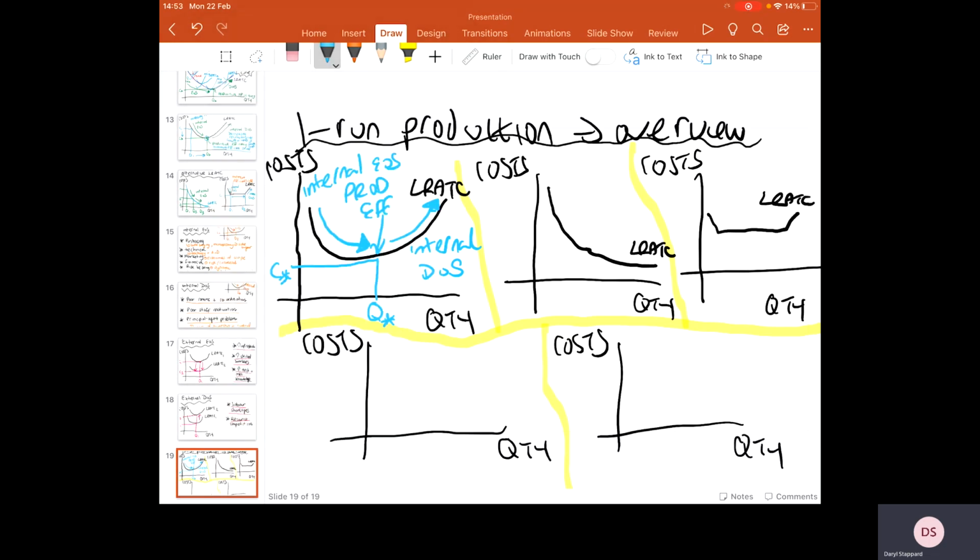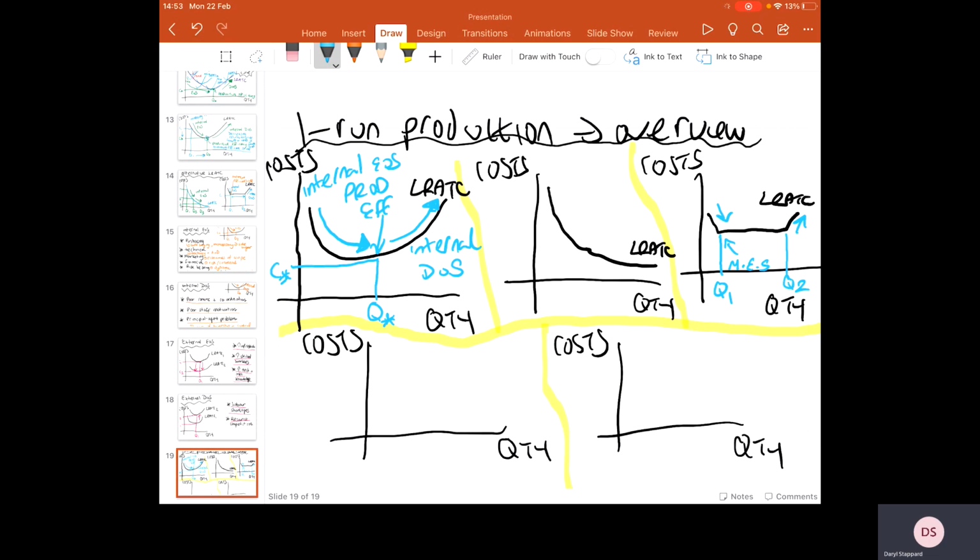Now again here, we can see the benefits of internal economies of scale, the problems of internal diseconomies of scale. But the difference now is there's a range of output levels where the firm is achieving productive efficiency. And Q1 would show minimum efficient scale, the lowest output the firm must get to fully utilise the main benefit of the internal economies of scale.